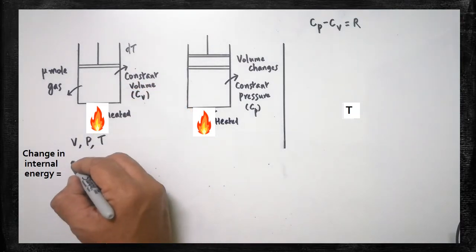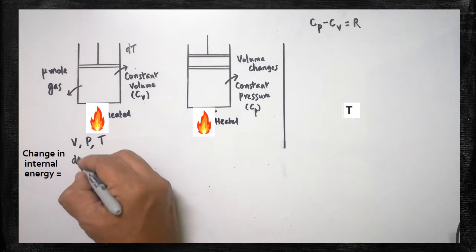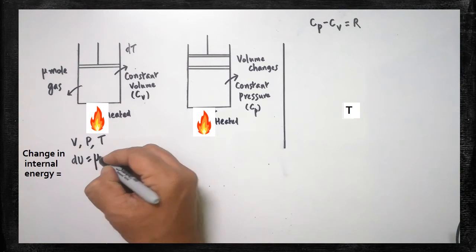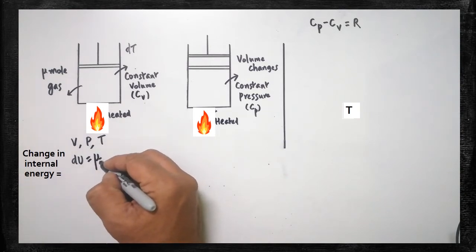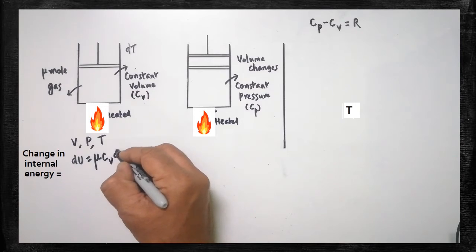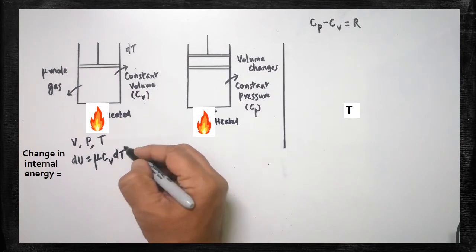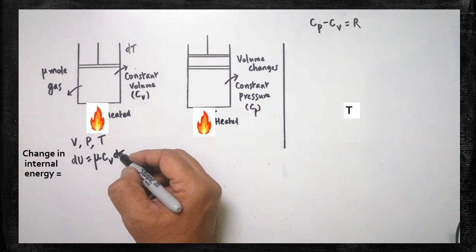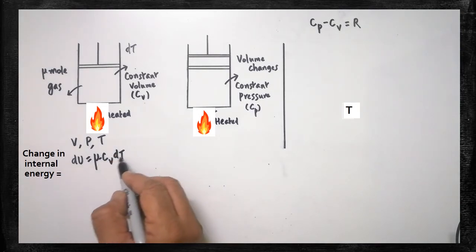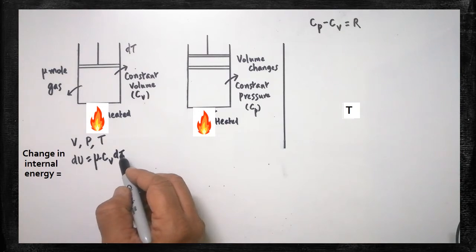Therefore, the change in internal energy can be written as dU is equal to mu, mu mole of gas is there, into Cv into dT. So this is the formula. That one was already derived in the previous concept. So the change in internal energy is equal to mu Cv dT. This formula was already derived.